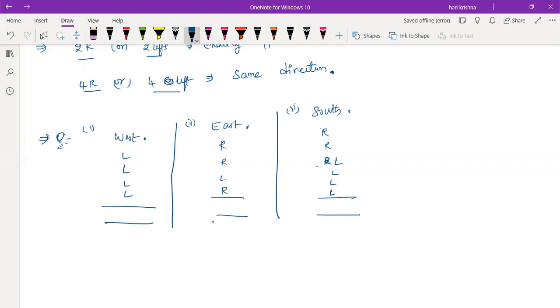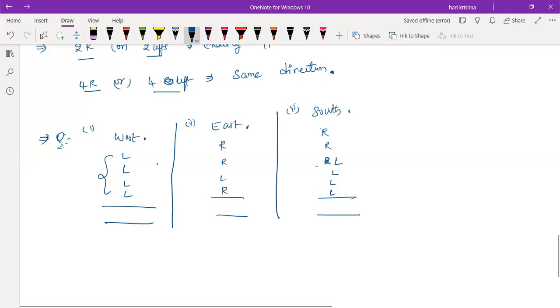If there are four lefts or four rights, that is the same direction, right?